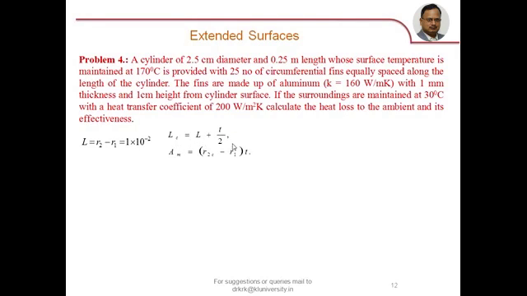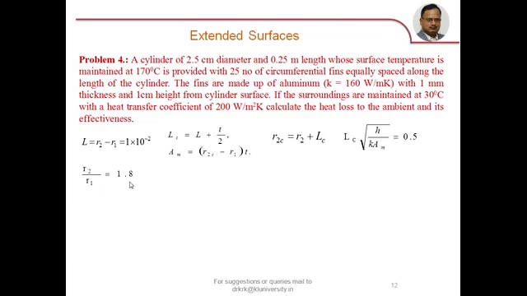And Lc is L plus t by 2. And mean area is R2c minus R1 into t. And R2c is again R2 plus Lc. Lc is L plus t by 2. And the parameter Lc^(3/2) root h by kAm is 0.5.